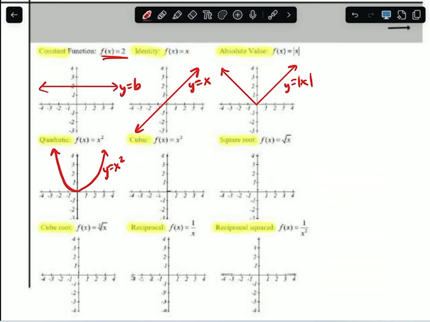For a cubic function, it's going to have an S, kind of a curve down and to the left, up and to the right. So that is a cubic function. A square root function looks like this. It begins at the origin and extends. A cube root function has the S curve.